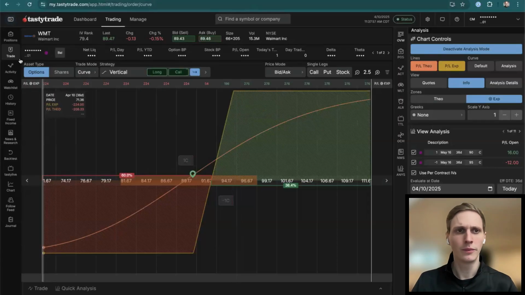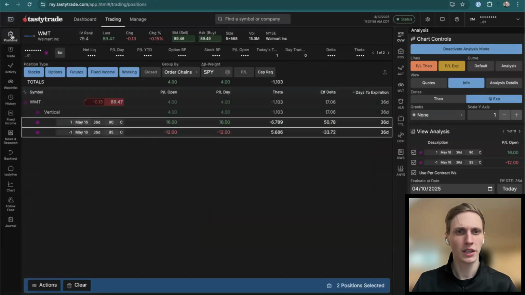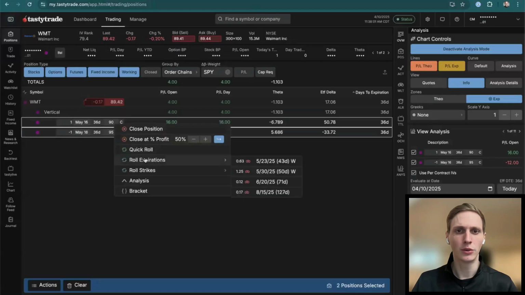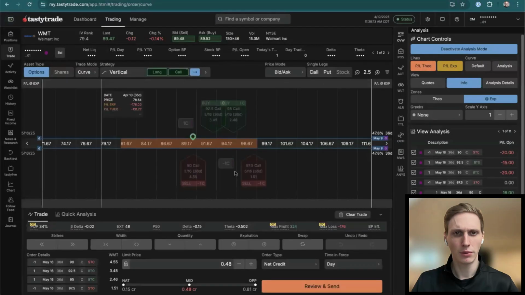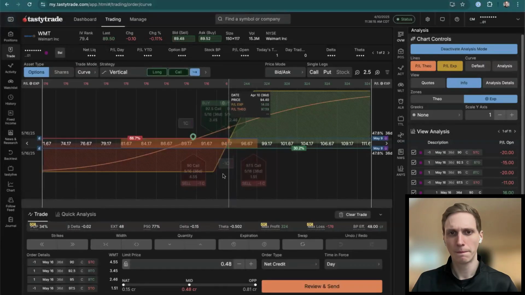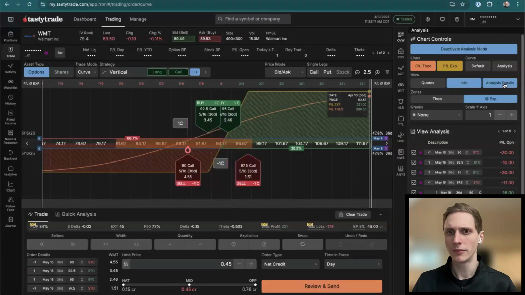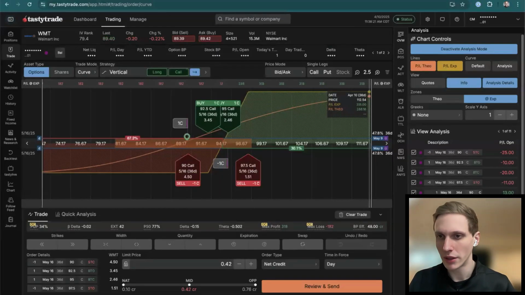And then, just to show you one more time, maybe we want to roll our expirations, or maybe we want to roll our strikes up. We'll see here in our analysis mode that it looks like we already had some legs open.